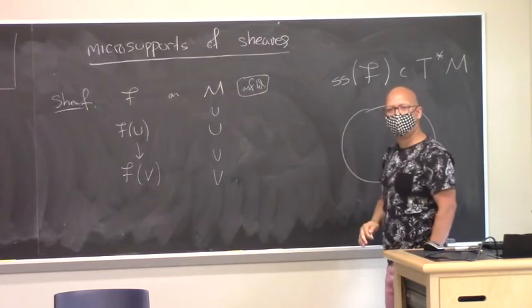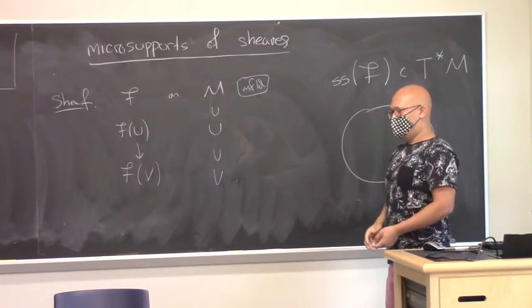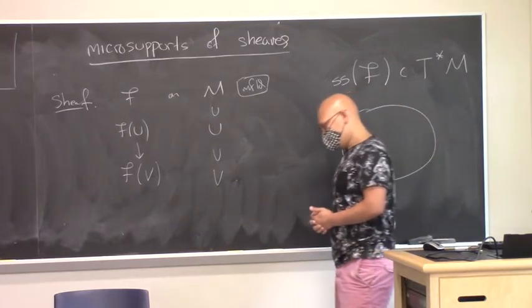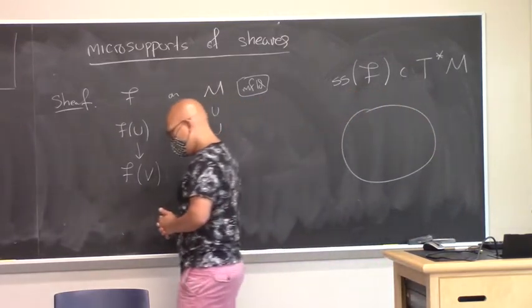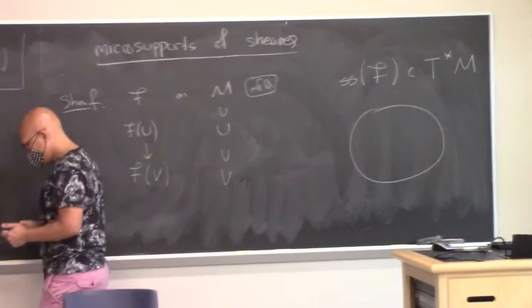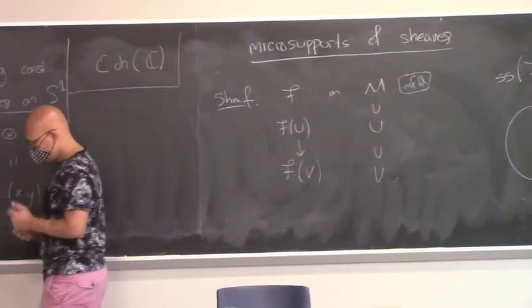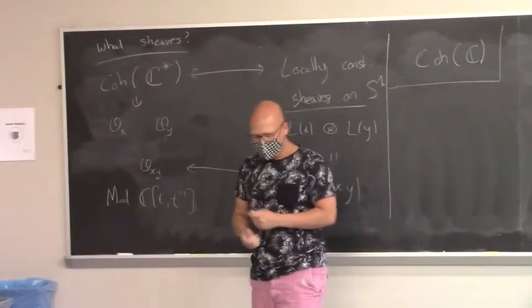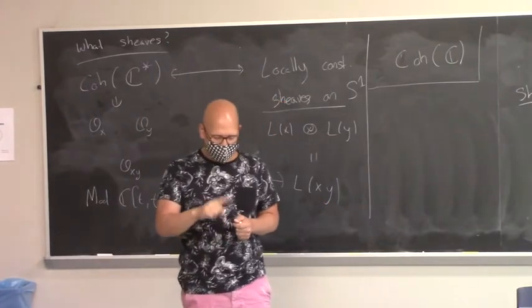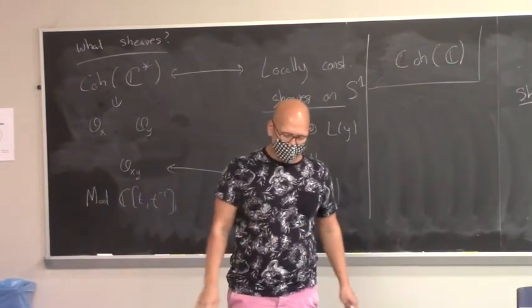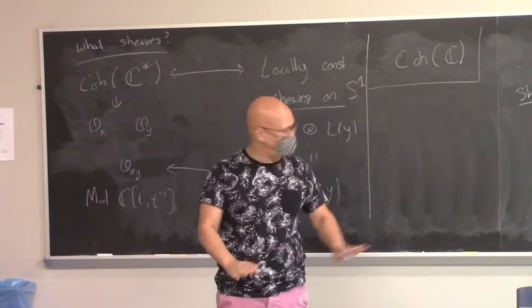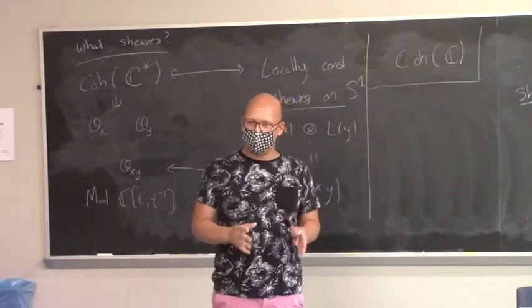Are micro-support and singular support the same thing? That's a long story. Originally, singular support, if you look in the old papers of analysis, had to do with when you had a distribution and you ask yourself where on M is that distribution not a function.